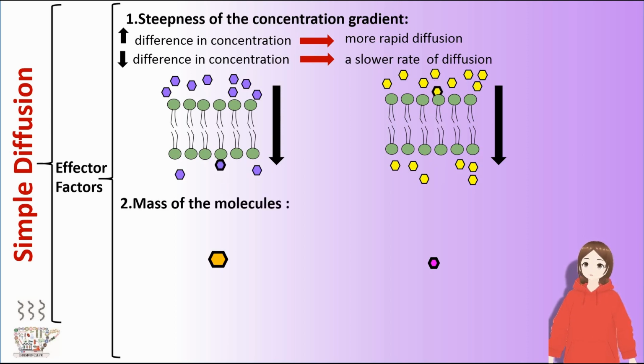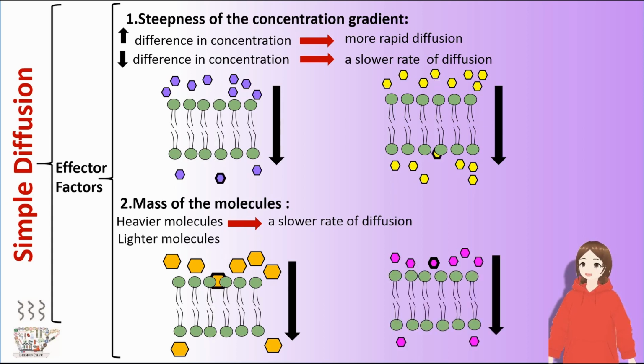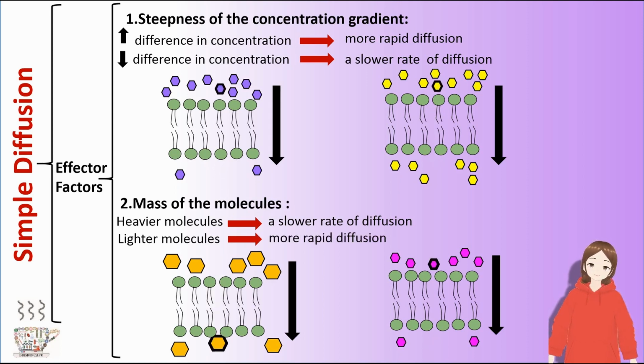Mass of the molecules. As you see, heavier molecules result in a slower rate of diffusion, but lighter molecules result in more rapid diffusion.